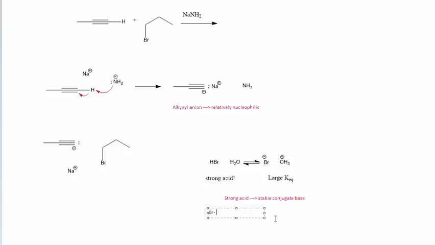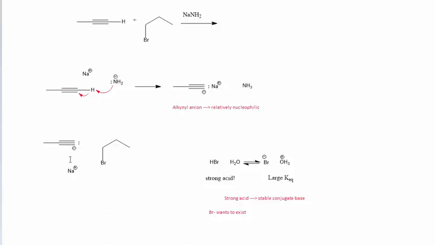So Br- wants to exist. If you have a species like this, the Br wants to be in this form because it has a complete octet and various other reasons. It's relatively electronegative. It wants to exist. This reaction has a fairly large equilibrium constant, so you know that it's fairly likely to occur.